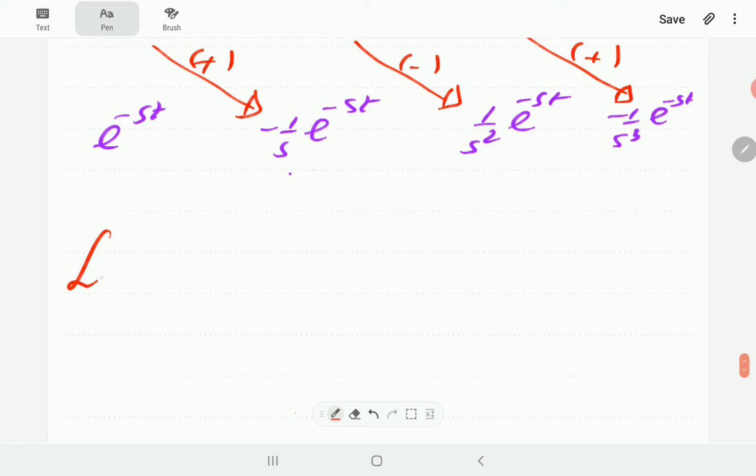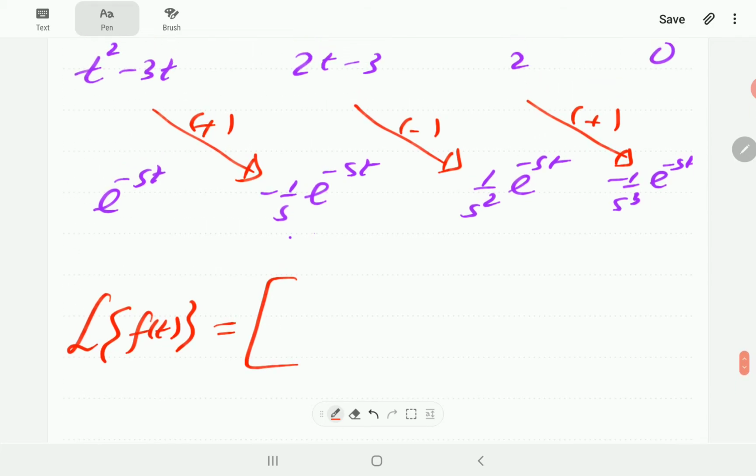So that means our Laplace transform is going to be, all these are going to be negative. So what we can do is just put the negative outside here.